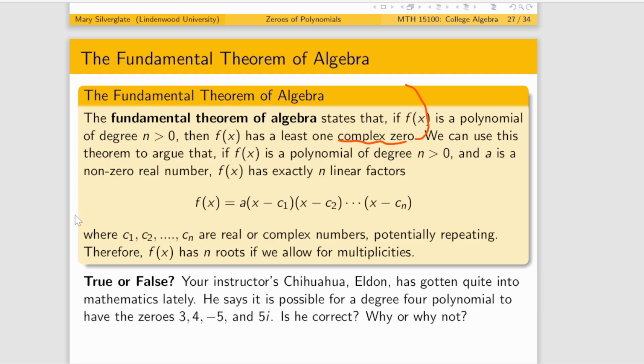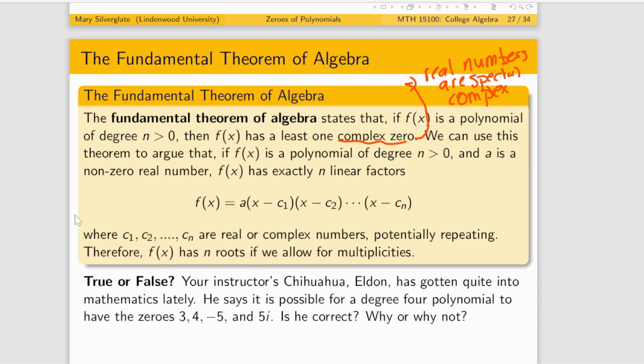And keep in mind when they say complex zeros, that real numbers are special complex numbers. So all real numbers are complex, but not all complex numbers are real. So all Lindenwood students are college students, but not all college students are Lindenwood students. Complex numbers are the bigger umbrella.